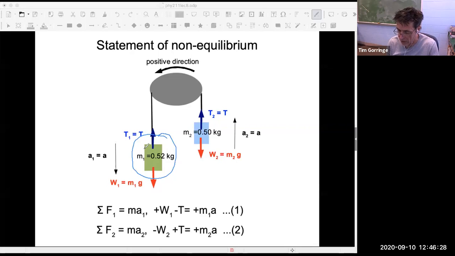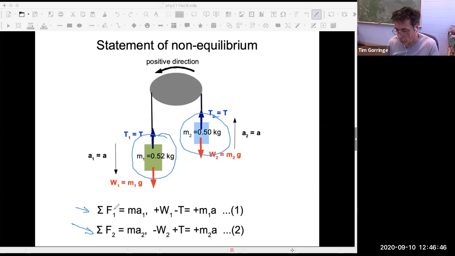Force equals mass times acceleration. And I'm going to think about this mass on the right, and write down Newton's second law for it. F equals ma. And that's what I've done here. This is the one on the left. And here, this is the one on the right.